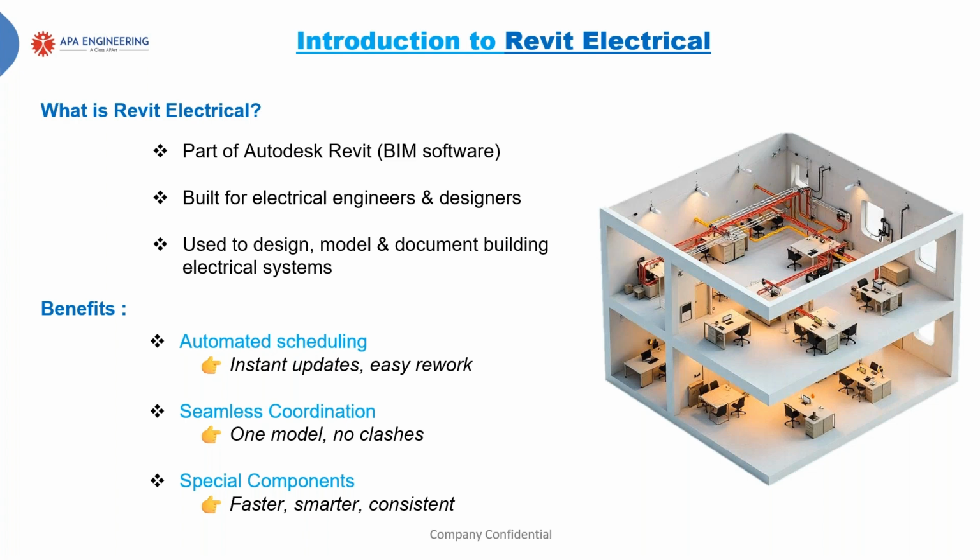So moving on to the benefits of Revit Electrical, first we can see automated scheduling. A schedule is nothing but a list or a table, imagine an Excel sheet containing all the information about the electrical items present in a particular building.